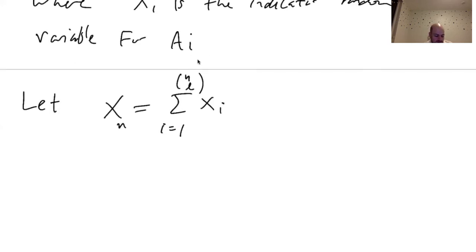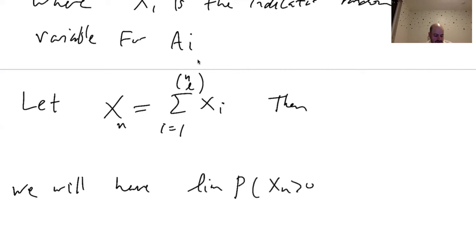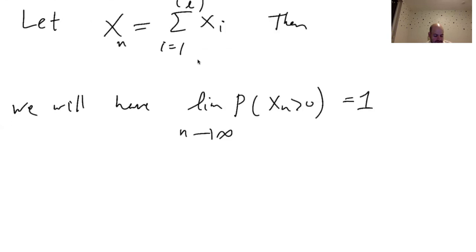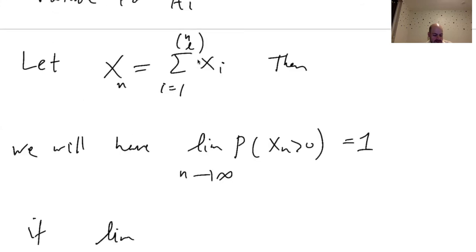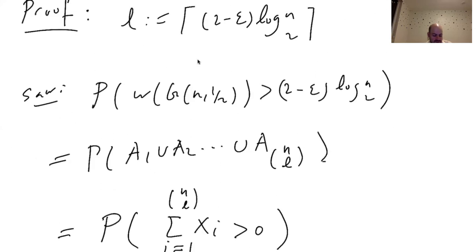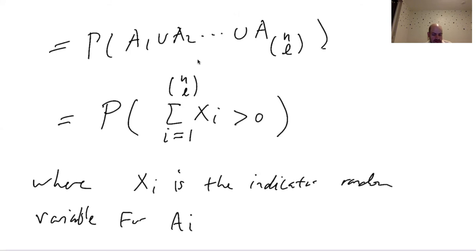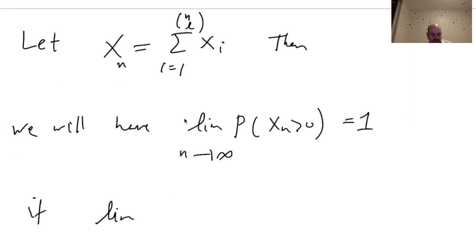Then we will have the limit of P(x_n positive) as n goes to infinity equals 1. This is exactly what I need to show, right? I want to show that this probability has limit 1, and I call this term here x_n. So I want to show that the limit of P(x_n bigger than 0) is 1.